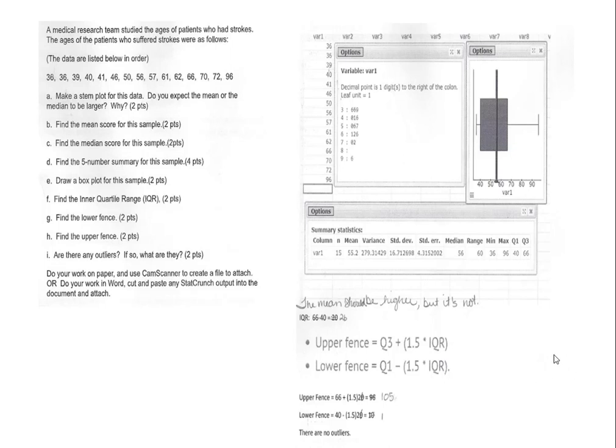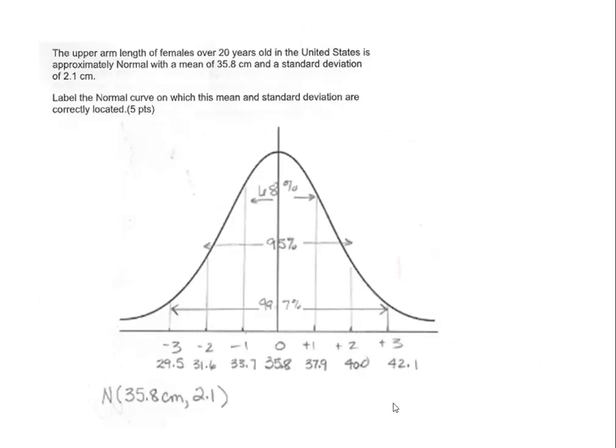Okay, so this is what I was looking for. When we're talking about a normal distribution, we know it follows the 68, 95, 99.7 rule. Now, I drew that on there for the next question.